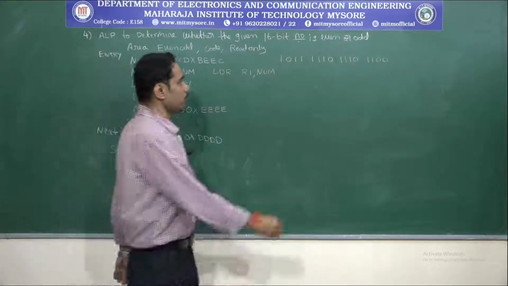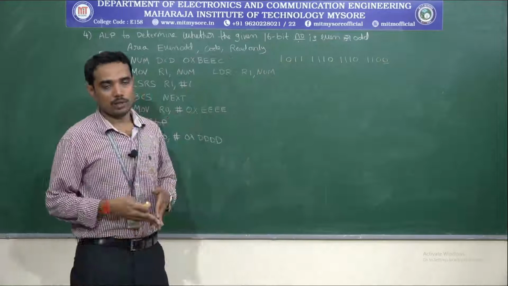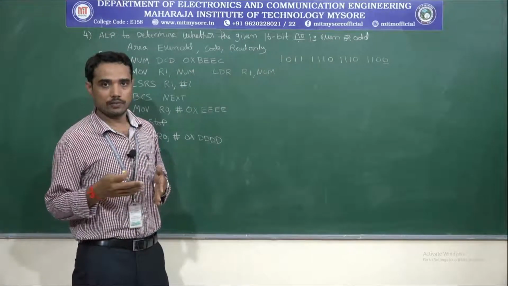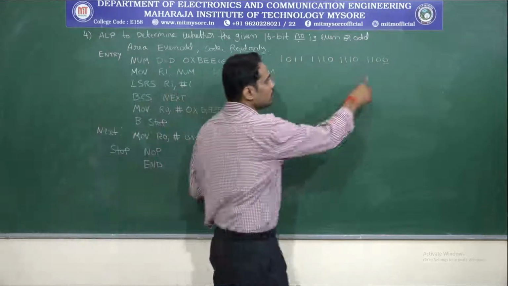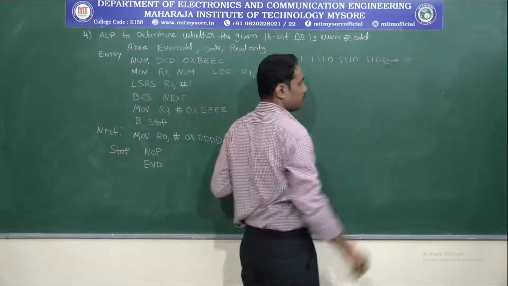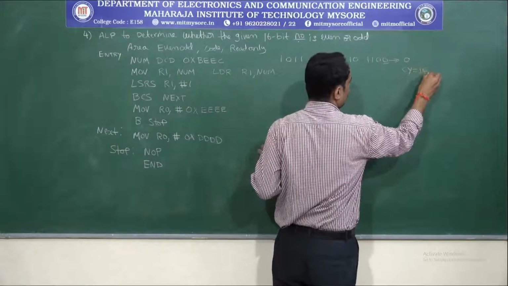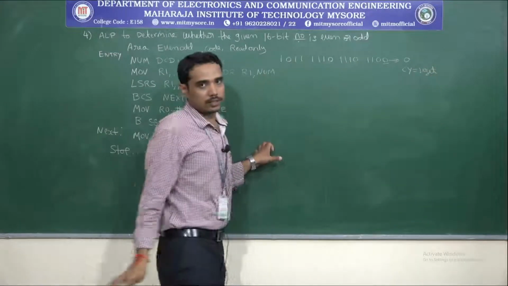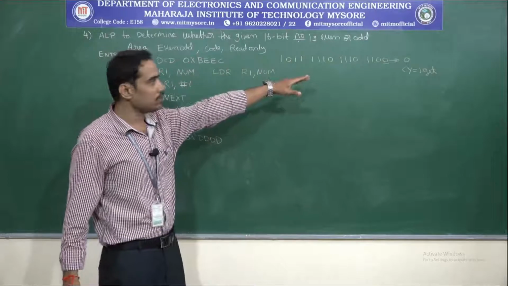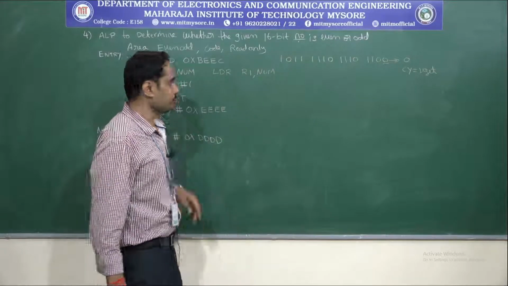Here we are checking the LSB. The LSB is 0. After you perform rotate or logical shift right, the bit coming out of the LSB is 0. That means here the carry flag is reset, not set, giving the conclusion that the given data is an even number.